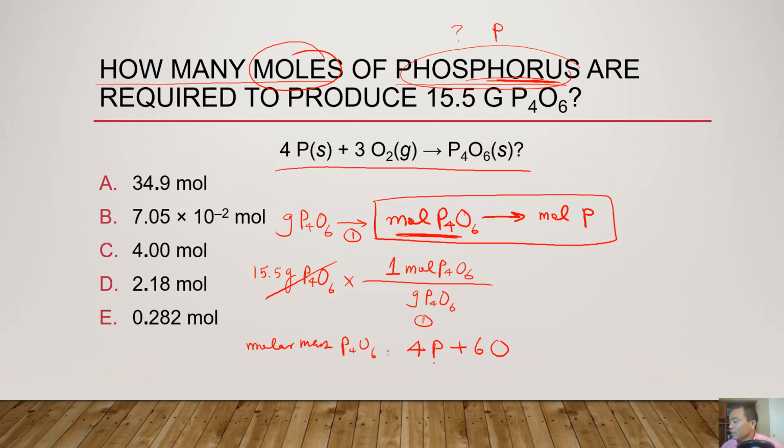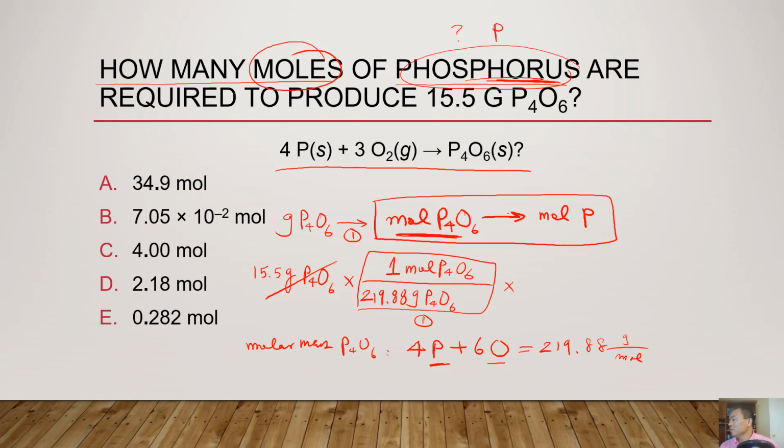So you look up the atomic mass for phosphorus and oxygen, and you put it together, and the total is 219.88 grams per mole, or in other words, 1 mole of P4O6 will be 219.88 grams. Okay, so that's why we put 219.88 over here. This is the first step.